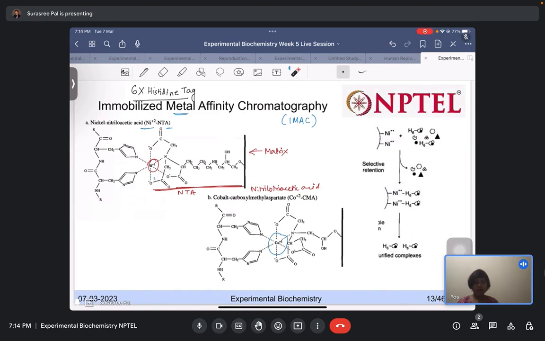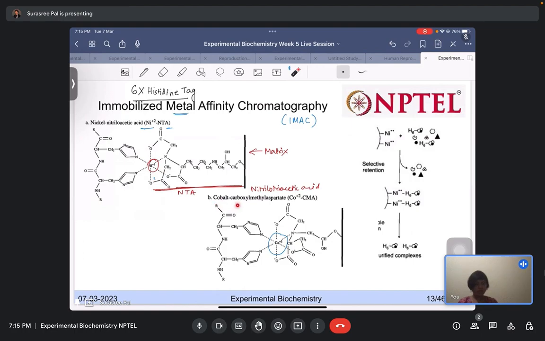Since our protein contains 6 consecutive histidine residues, these histidine residues can bind to this nickel atom very specifically with the formation of this coordination complex, by which our 6x histidine tagged protein can bind to this matrix. So this is the metal affinity, the affinity for this nickel metal, or here there is cobalt metal also.